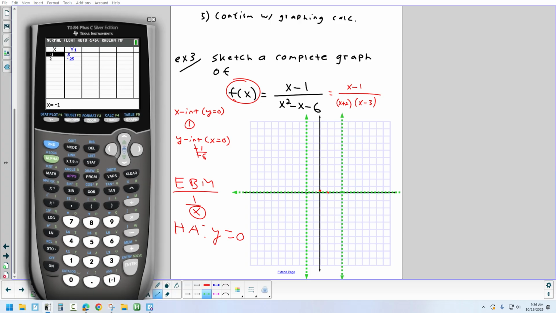Our 2 vertical asymptotes were at -2 and 3. We can confirm that, because if you type those in, you get errors. Let's start with -2. We know we're going to be approaching infinity and negative infinity. We've got to figure out which side is which. Let's start with a number a little bit smaller than -2, to the left. What's a number that's just a little smaller than -2?